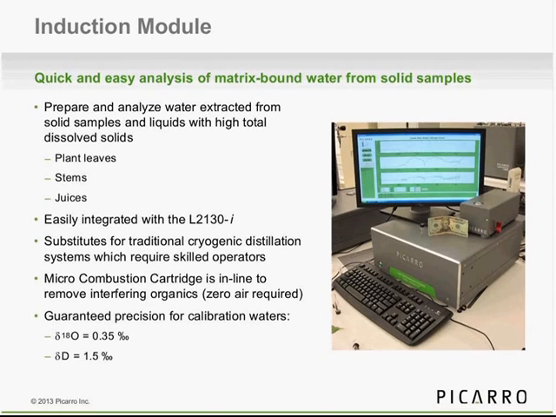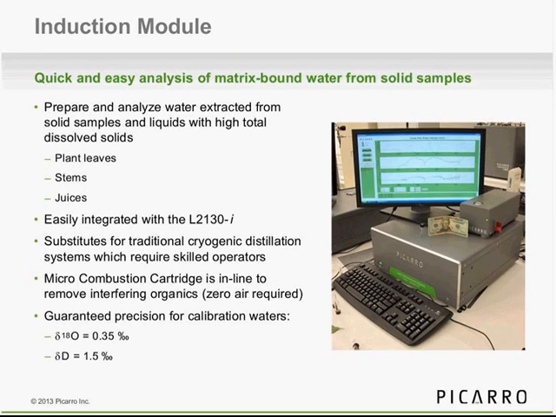The induction module is a front-end system that allows you to extract matrix-bound water from a solid sample. We've used it for leaves, stems, and liquids that have very high dissolved solids, things like juices. It is a non-automated but effective way to measure matrix-bound water without having to do cryogenic distillation on a vacuum line.